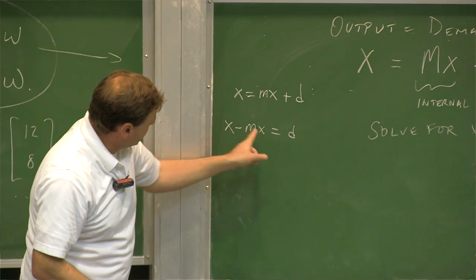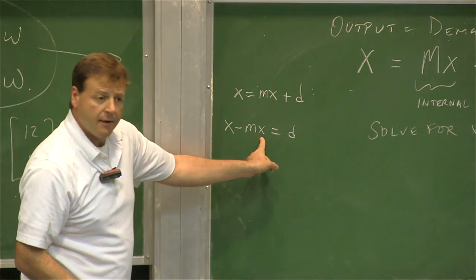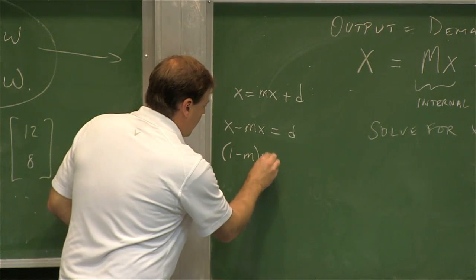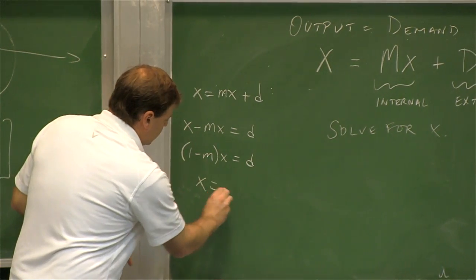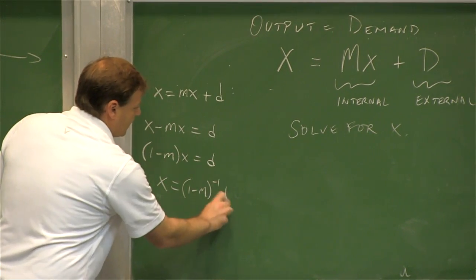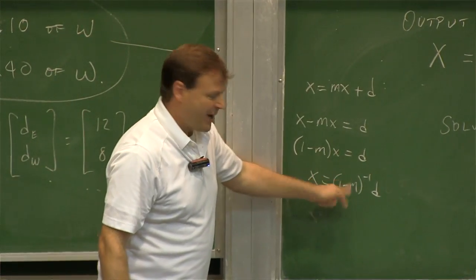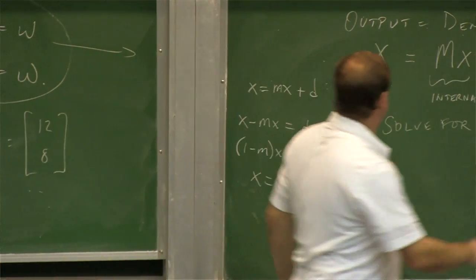If this was a number, I'd combine them, but when they're like that, the best I can do to solve for X is to factor it out. So that's (1 minus M) X equals D. So then if I want to solve for X, X is equal to, well, how about (1 minus M) inverse D? We usually would just write 1 over that, but I want to write it specifically like that because now we're going to translate that into matrices.